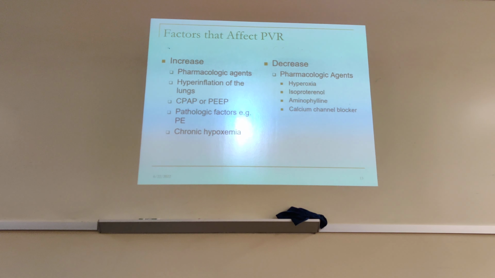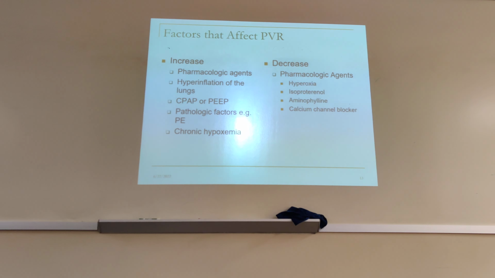CPAP or PEEP will cause it. Pathologic factors like PE, pulmonary embolism, will cause it. Pressure backs all the way up inside the pulmonary artery. Chronic hypoxemia will cause it. Hypoxemia shrinks the vessels.